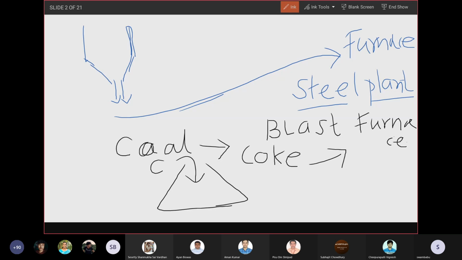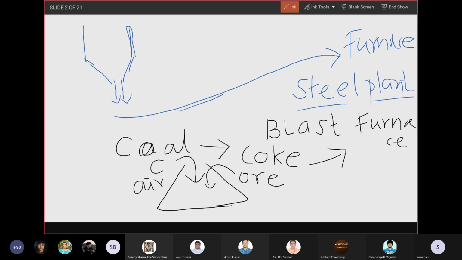For the combustion they need oxygen, that is air. The oxygen will be supplied in the form of air. So they need coke particles and air, and they also supply iron ore particles.